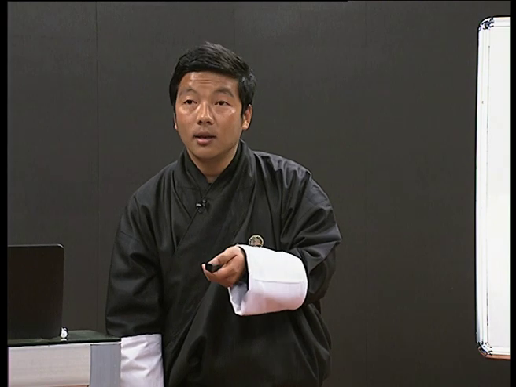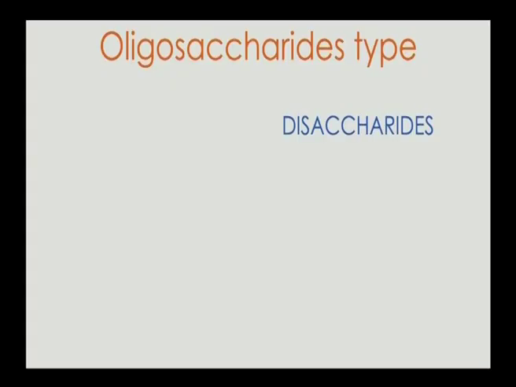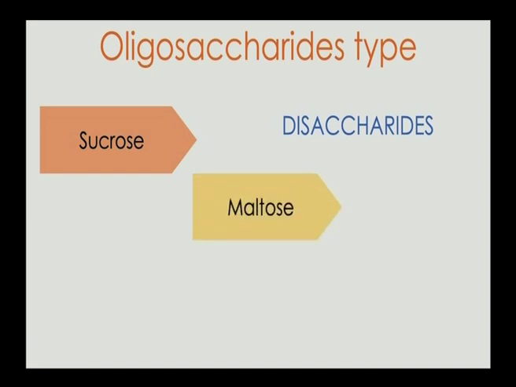But our scope of discussion is only going to revolve around the disaccharides. Disaccharides are sugars composed of two units of monosaccharides. Let's look at a few examples of disaccharides. We have sucrose, maltose, and lactose.